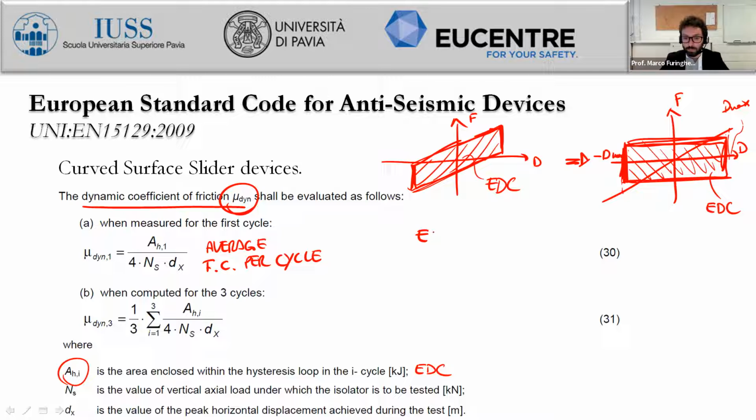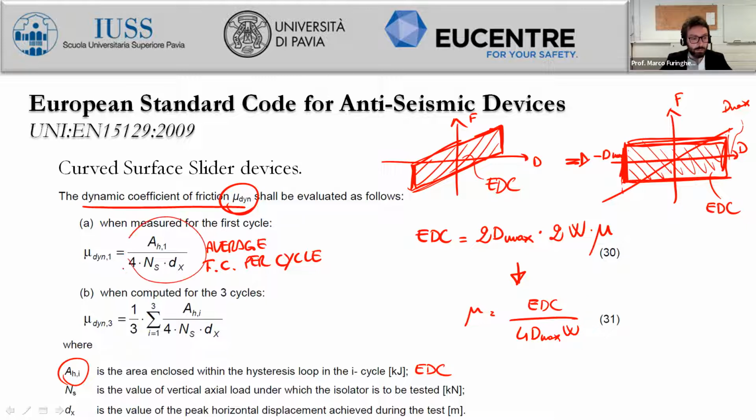So EDC is the area of that rectangle, which is twice d max, which is the base, times the height, which is twice the applied vertical load times the friction coefficient. So if we collect the friction coefficient, we get friction coefficient equal to EDC over 4 times d max times the vertical load, which is this one.